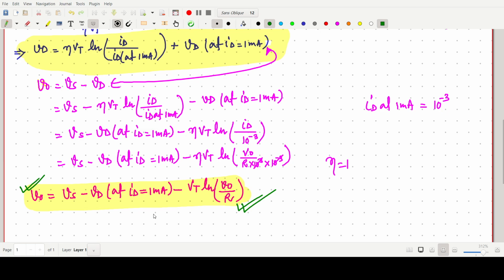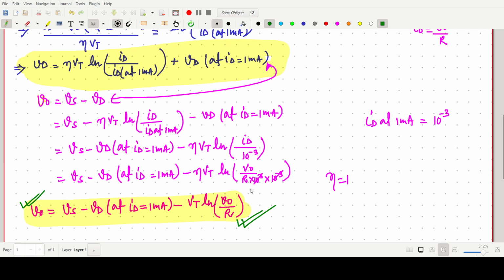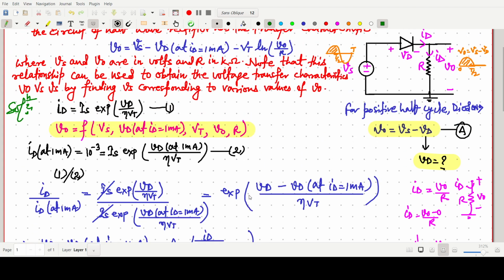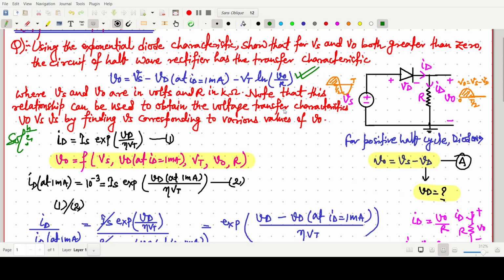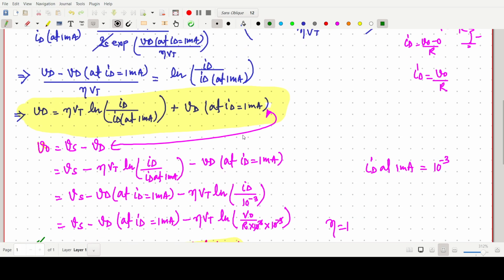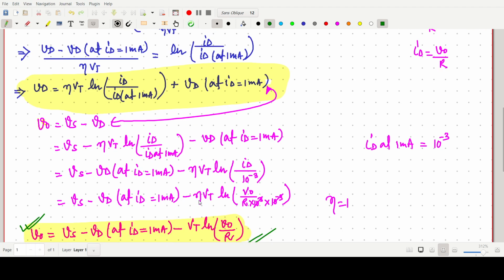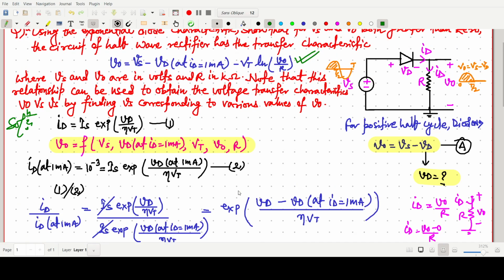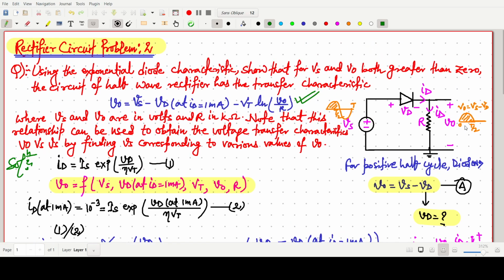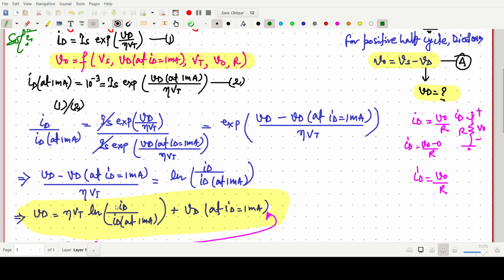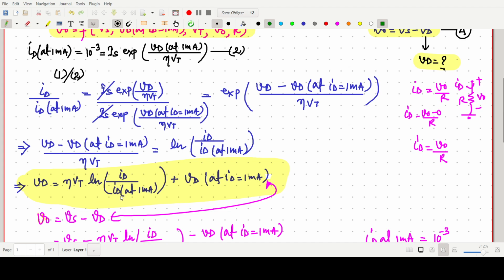Okay, so this is all about this question: we have to find the proof for V naught. Let me explain how we approached this once again. This is the expression we have already derived: V naught equals Vs minus Vd at Id equals 1 milliampere minus Vt ln V naught by R. First, because it is a half wave rectifier, V naught equals Vs minus Vd. Then the Id expression at 1 milliampere, then we divide and get this expression, so Vd is a function of Id at 1 milliampere.